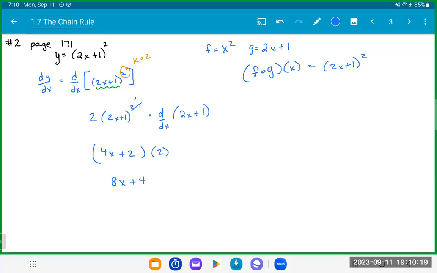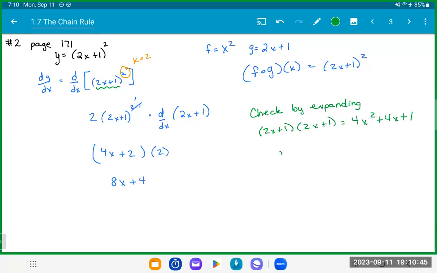What I do want to do here now is just show you that we could check this by expanding. We can do this for this problem because this is just 2x plus 1 squared. So that's 2x plus 1 times 2x plus 1, which equals 4x squared plus 4x plus 1.